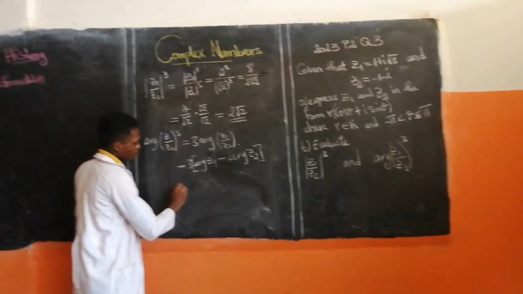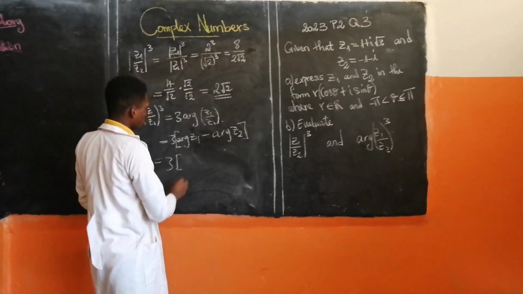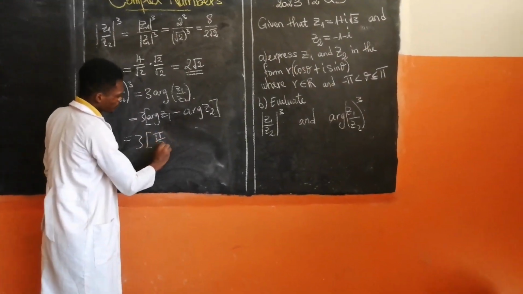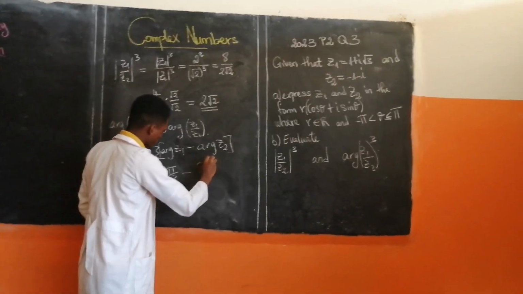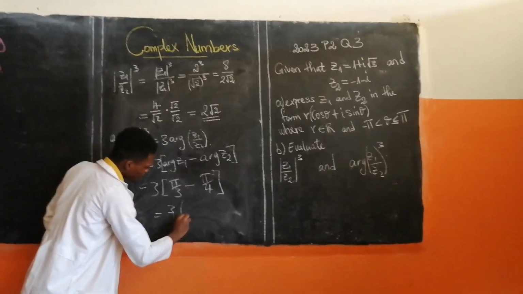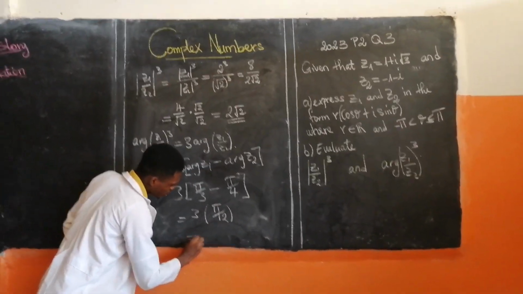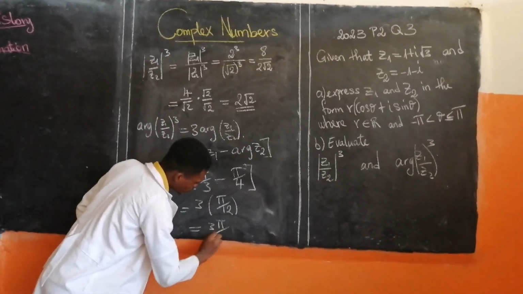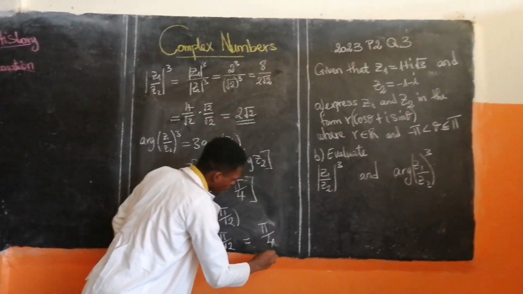Now, the argument of Z1 was pi on 3, and the argument of Z2 was pi on 4. So this is the same as 3 times pi on 12, which is 3 pi on 12, the same as pi on 4.